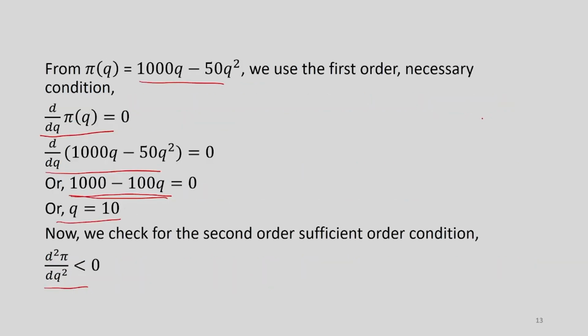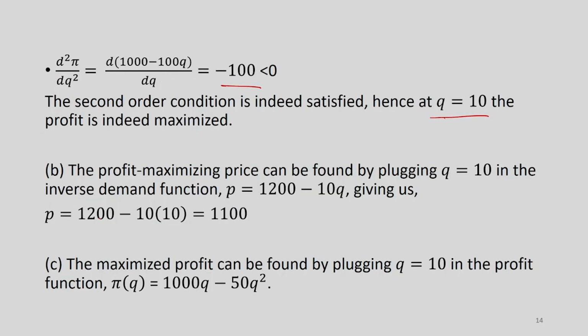So, that is what we got from the first order condition, Q is equal to 10, is the level of output where profit is maximized. Now, we check for the price at which the producer is going to sell his goods.